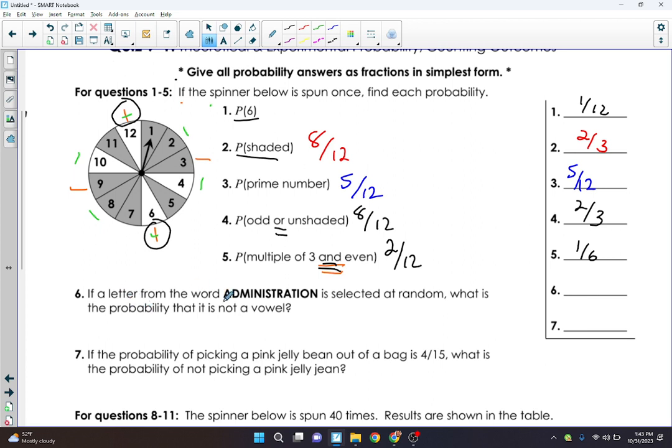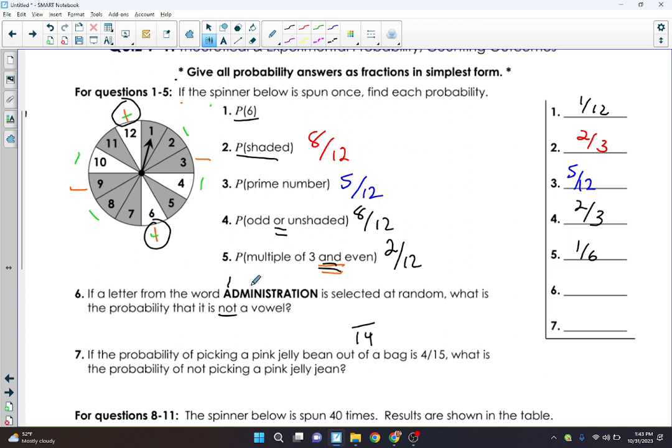All right, if a letter from the word administration is selected at random, what is the probability it is not a vowel? So first off, there are 1, 2, 3, 4, 5, 6, 7, 8, 9, 10, 11, 12, 13, 14 letters. So I know the bottom of my fraction is going to be 14. Now it's not a vowel. So you either could count the consonants, which is fair, or what I'm going to show you is I'm going to count the vowels.